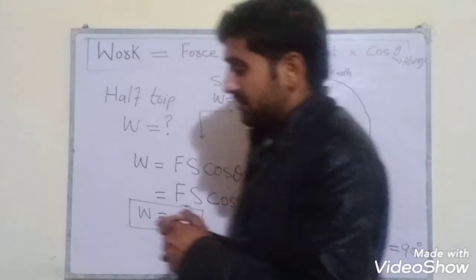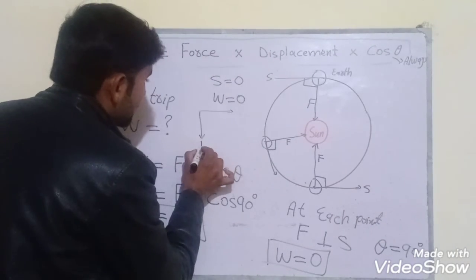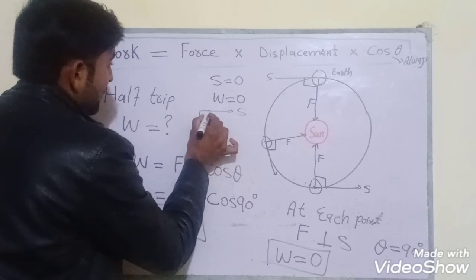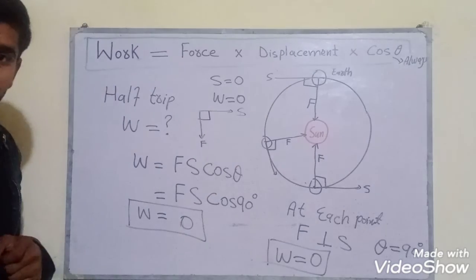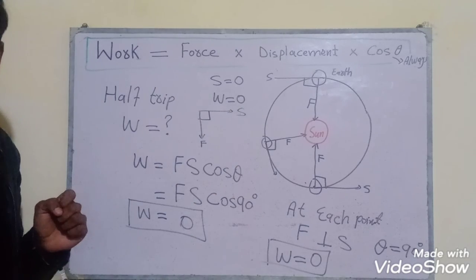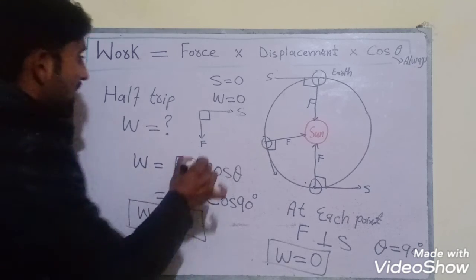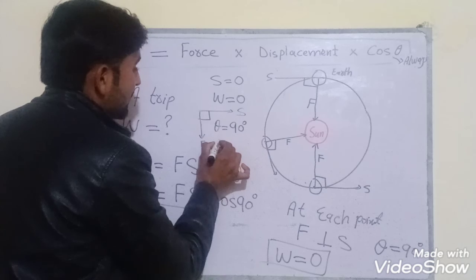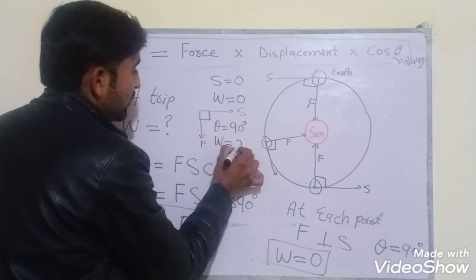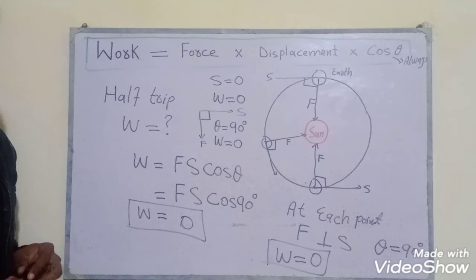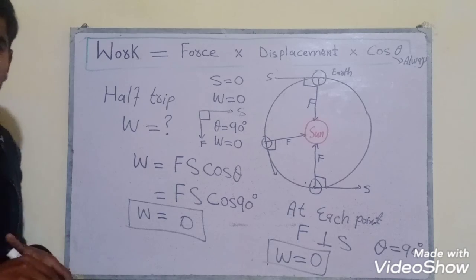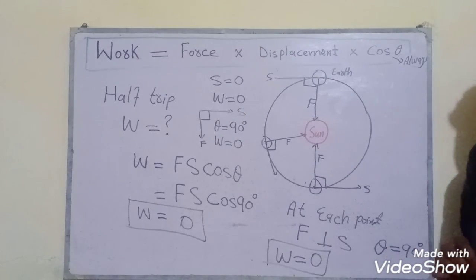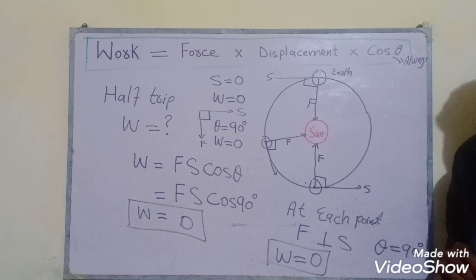The force is in this direction and displacement is in this direction. Then what is theta between them? 90 degree. Force and displacement are perpendicular to each other. Theta is equal to 90 degree and hence work done is equal to 0. There are many examples in our daily life when force and displacement are perpendicular to each other and hence work done is equal to 0.